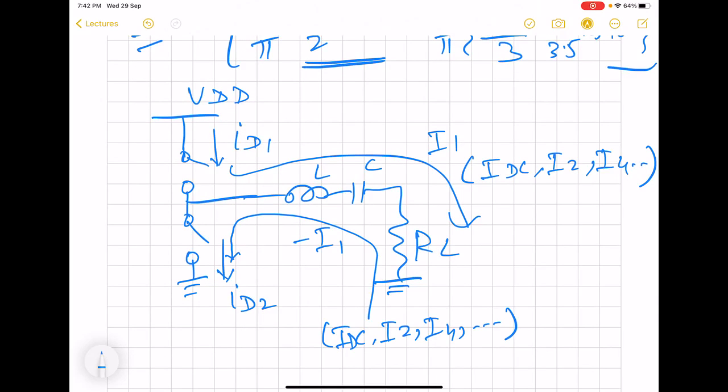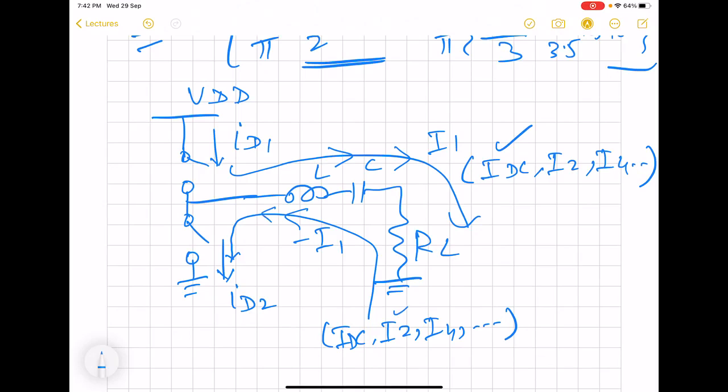So through this LCR, DC of course cannot flow through that part, or we can look at it this way: there is a DC flowing in this direction, but there is another DC flowing in the reverse direction simultaneously, so they cancel out. Similarly, there is an I2 flowing towards the right because of ID1, but there is an I2 flowing towards the left because of ID2, so they cancel out.